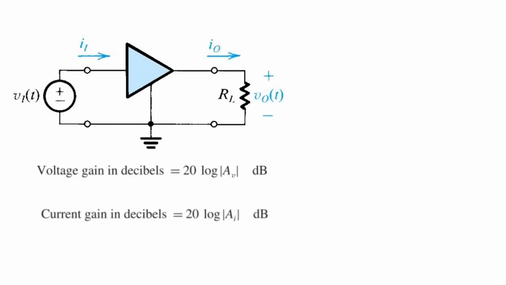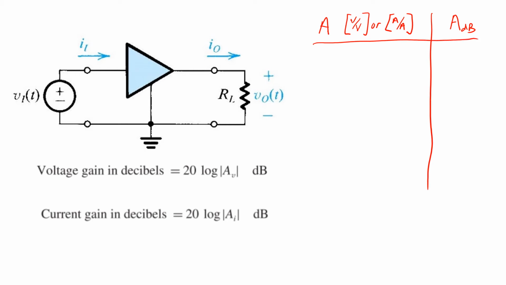So just to review a couple of quick facts, you've got a gain, whether it's in volts per volt or amps per amp. It's dimensionless and can be expressed in dB. When you've got a gain of 10, that becomes 20 dB.